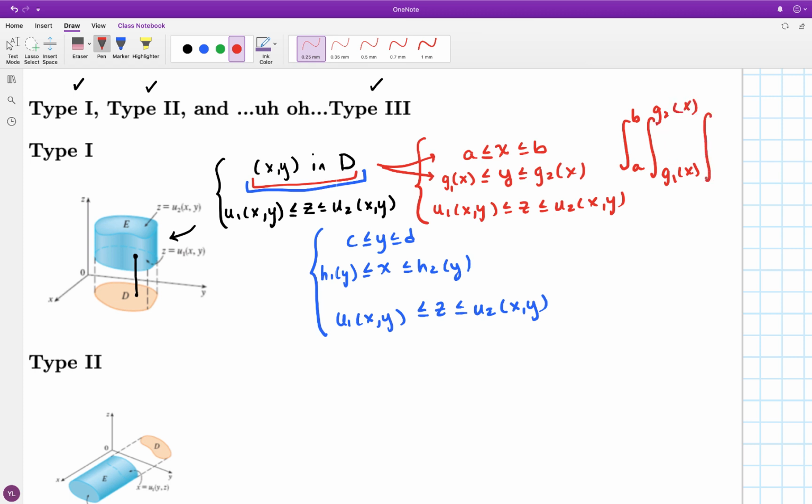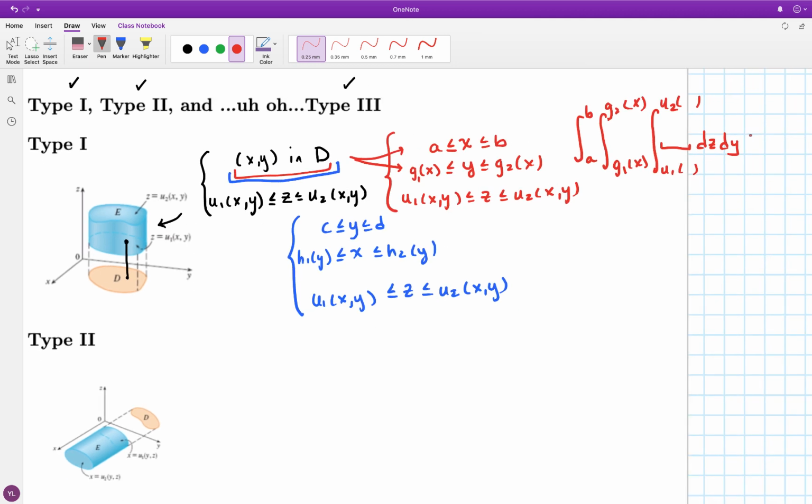And the very inner integral is going to have z going from u1 up to u2. I'm running out of space here, so you can put the inputs in there for those 2 functions. And if I list out the correct order of the differential units, that means z comes first, then y, then x. And then you have whatever your integrand function is, your 3-variable f function, let's say.